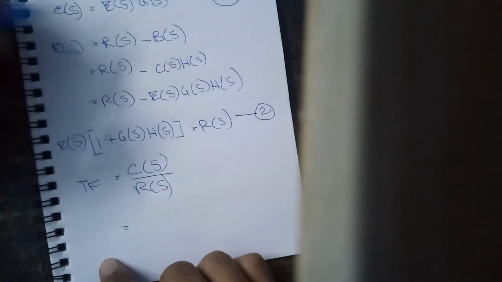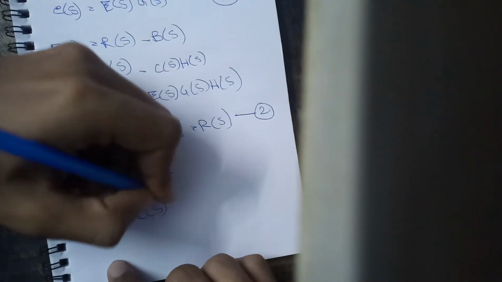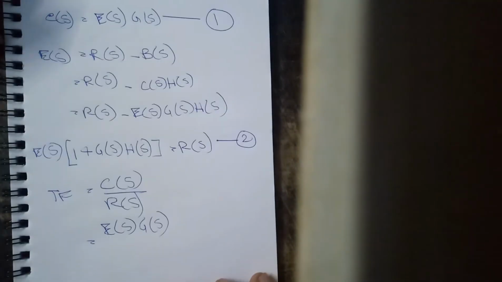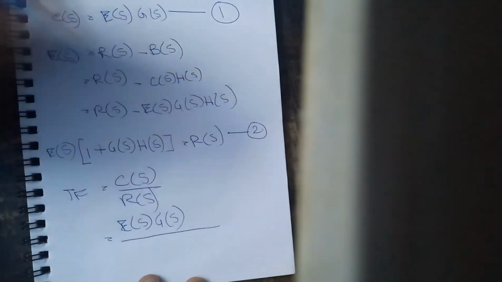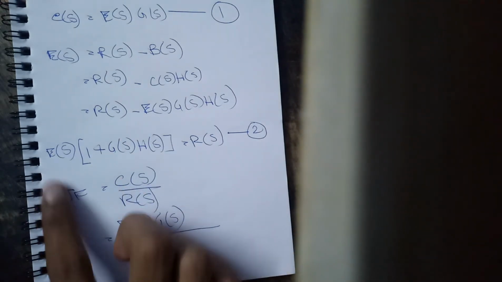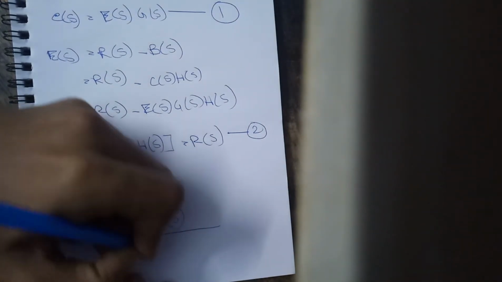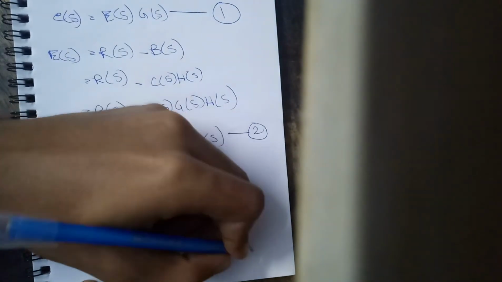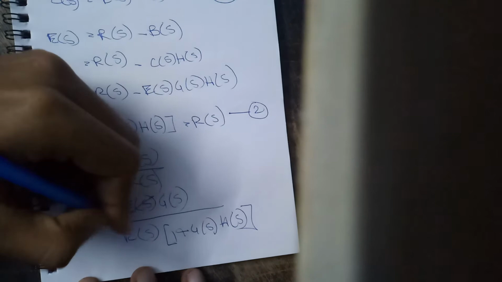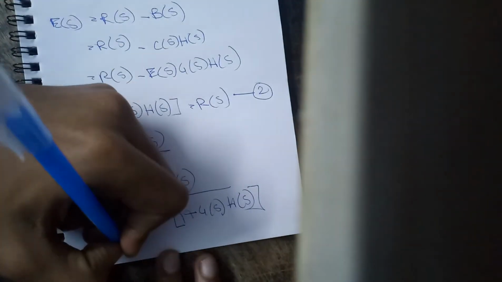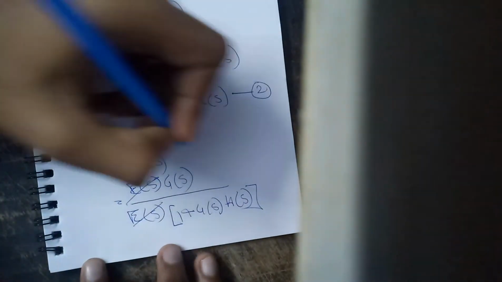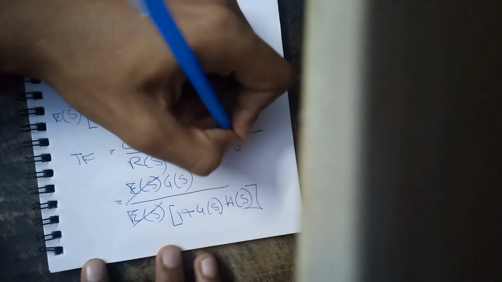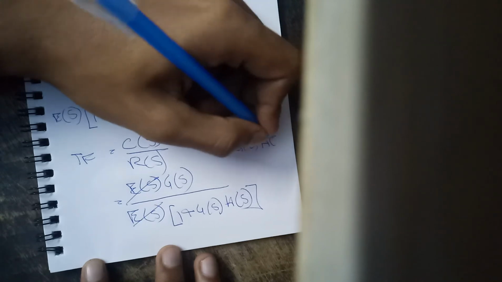So we can write C(s) as E(s) into G(s) from equation number 1, and R(s) we can write as E(s) into 1 plus G(s)H(s), right? So the E(s) gets cancelled, and thus we get the transfer function of a closed loop system equal to G(s) by 1 plus G(s)H(s).